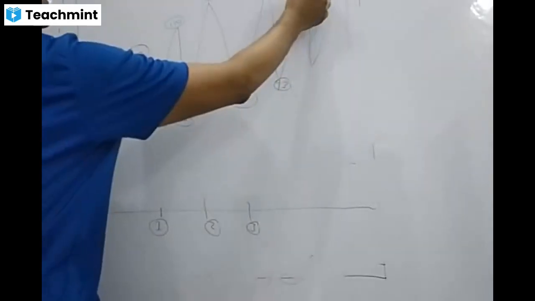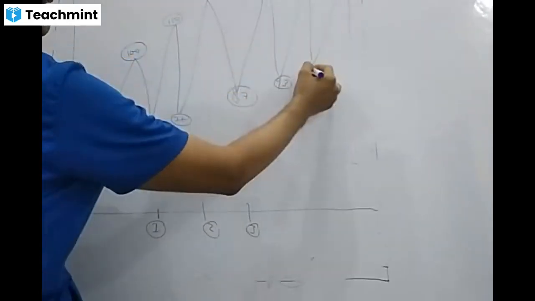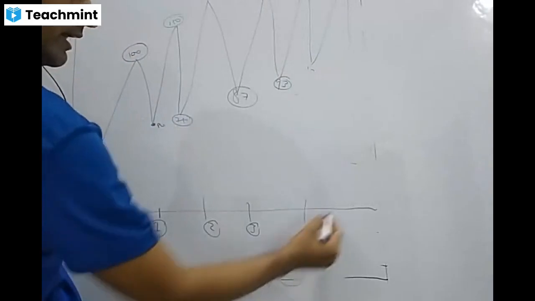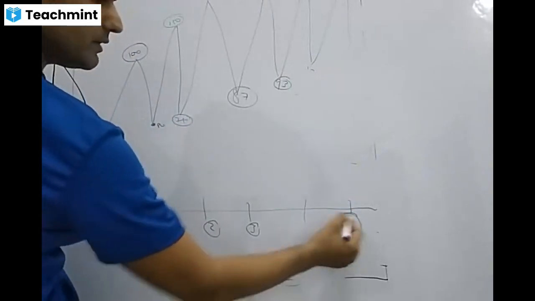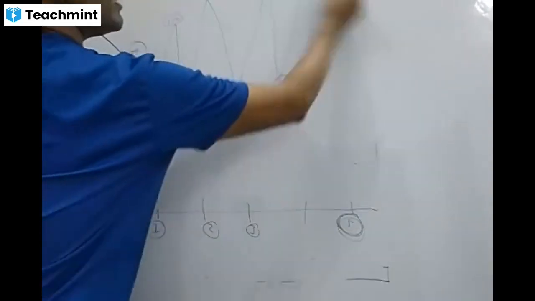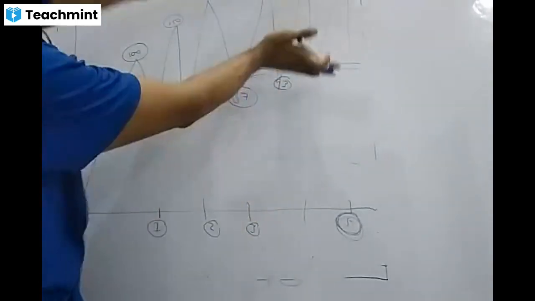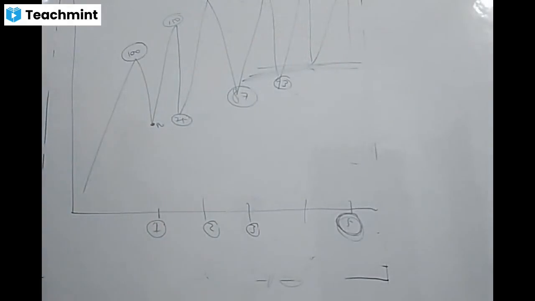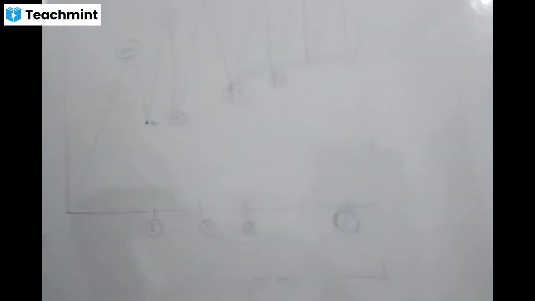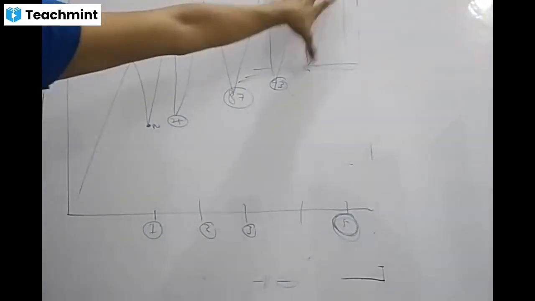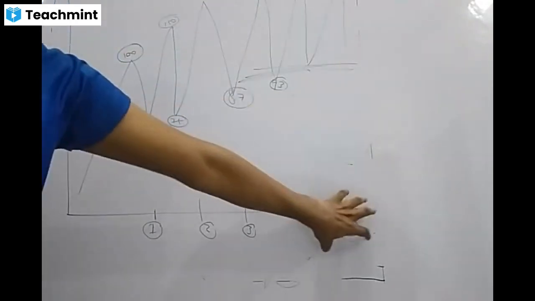As we keep doing this, again 100, again half, a time will come that with 5 half-lives it will become stable. This concentration becomes stable. This is known as steady state. So this steady state is reached in 5 half-lives.